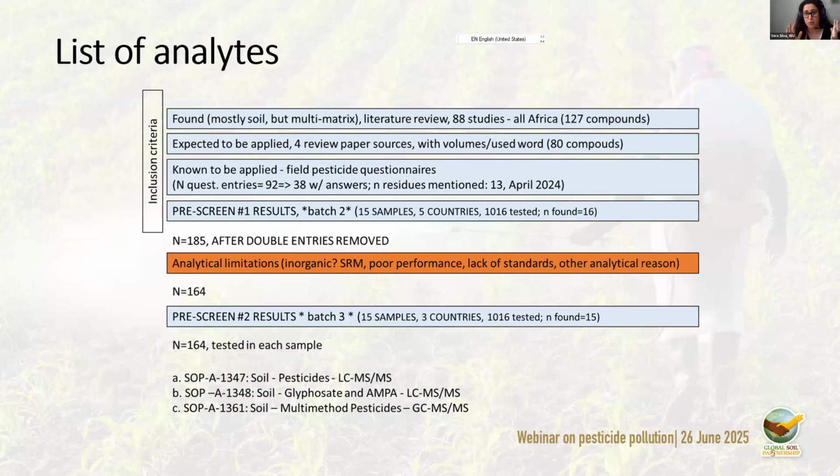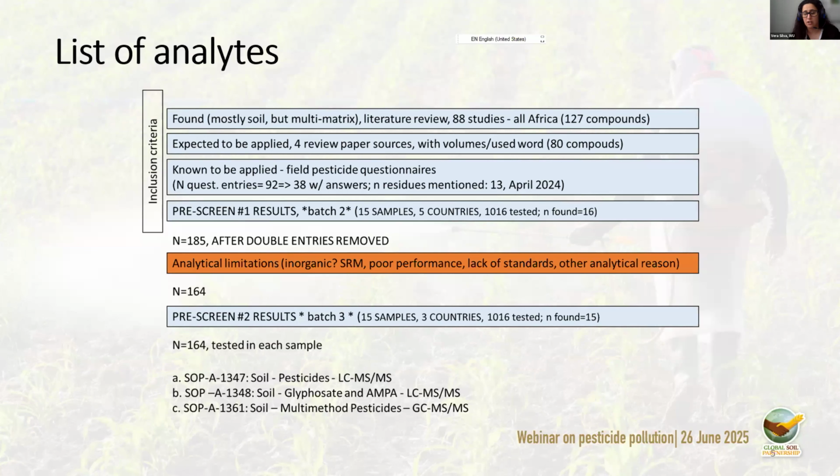How did we come up with these 153? Well, we looked into what was available in literature. We had already done the review, so there were some indications of the presence or likelihood of presence of some. We had also done interviews in the field with farmers about current and past pesticide use. We looked also into databases about pesticide sales.